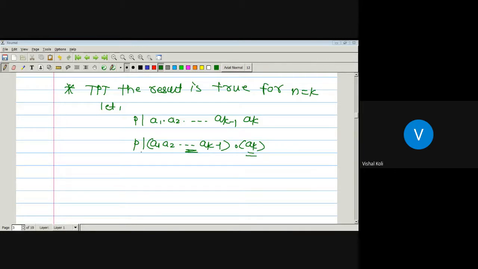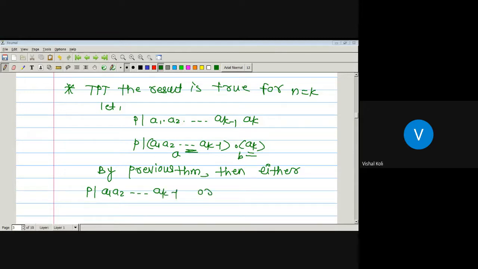By the previous theorem, considering this as a and this as b, as p divides the product of two integers a and b, then either p divides a1 a2 up to so on ak minus 1 or p divides ak. These are the two possibilities by the previous theorem.